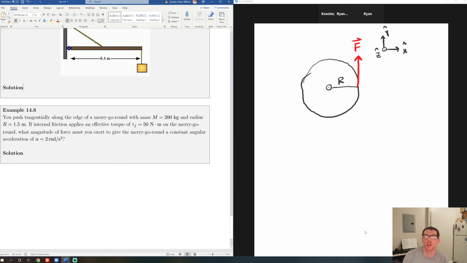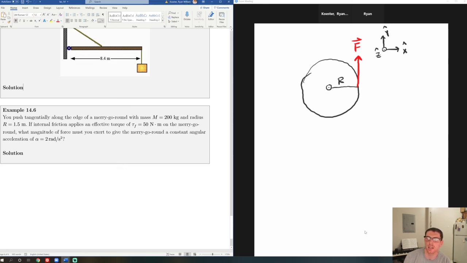Now, you might be wondering how I knew to draw the diagram this way, because this indicates that the merry-go-round is going to rotate counterclockwise, right? We're not told in the problem statement what sort of directionality we have here, so I would say just choose whichever choice you like best.